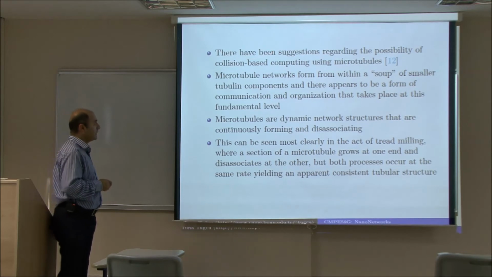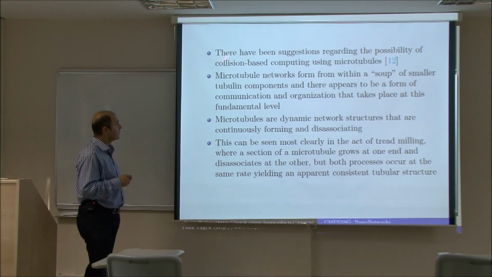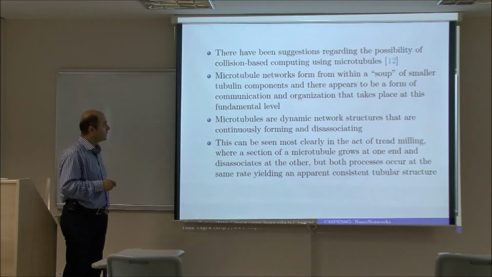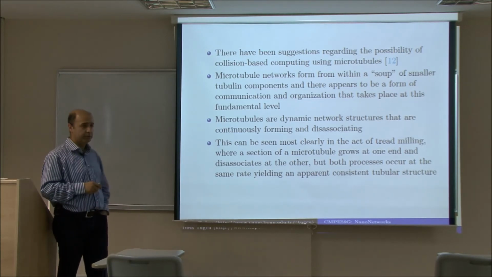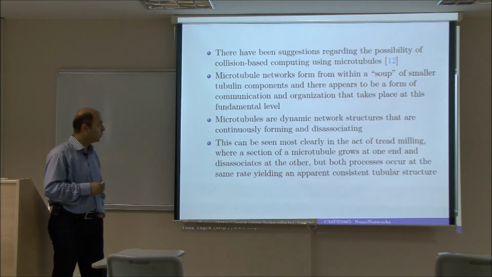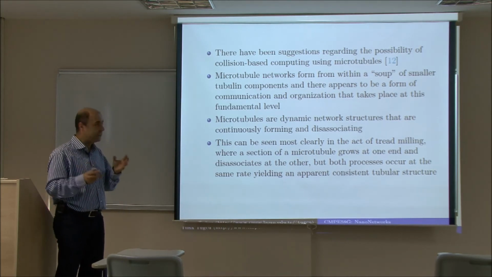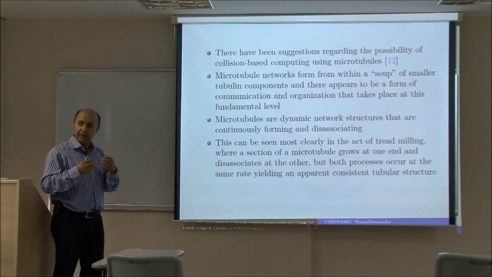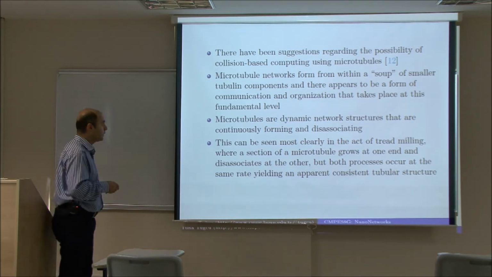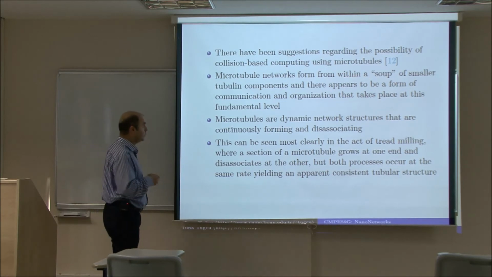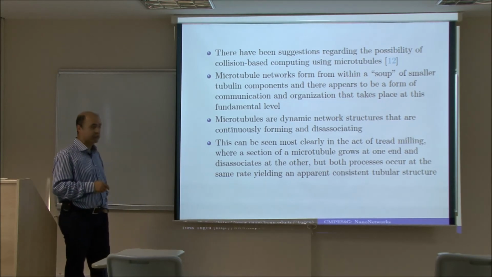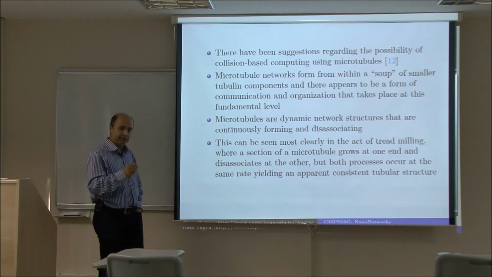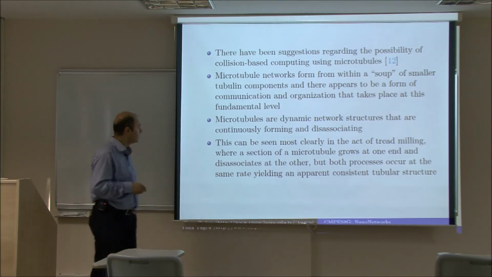So there have been suggestions also regarding the possibility of collision-based computing using microtubules. The microtubule network typically forms within a soup of these smaller tubulin components, the alpha beta tubulins, like a soup inside the cytoplasm. And there appears to be a form of communication and organization that takes place at this fundamental level, which is mostly beyond our control at the moment.